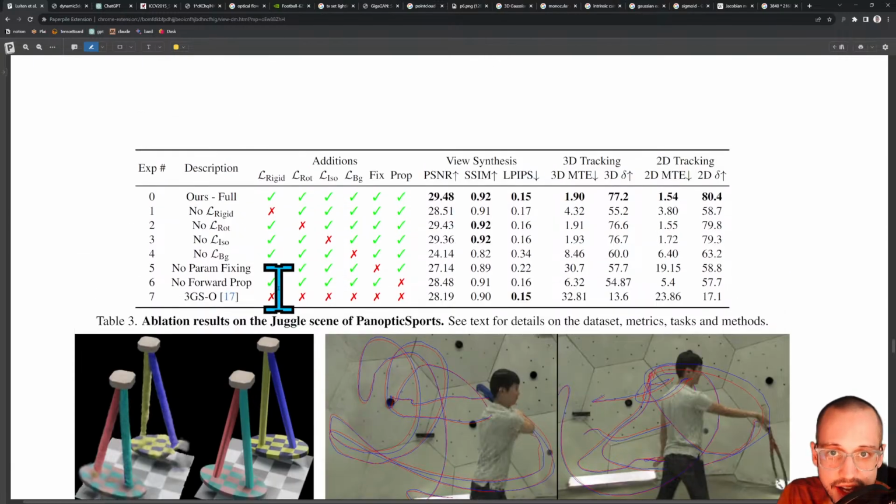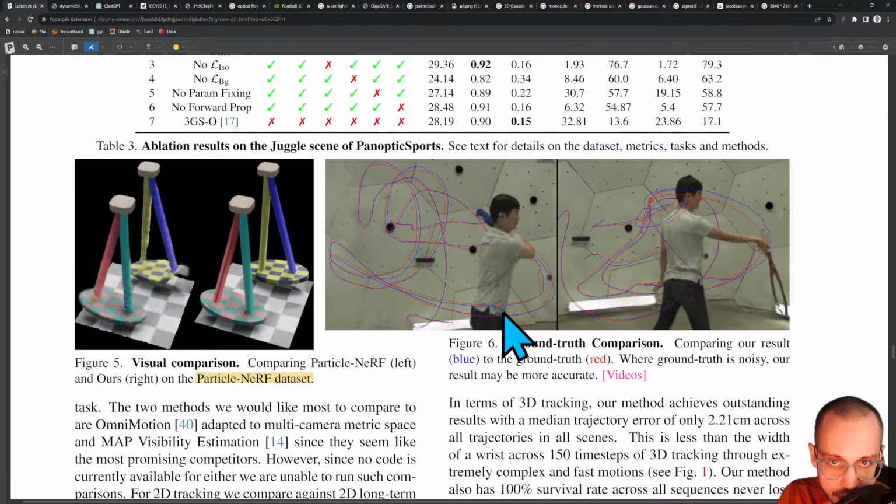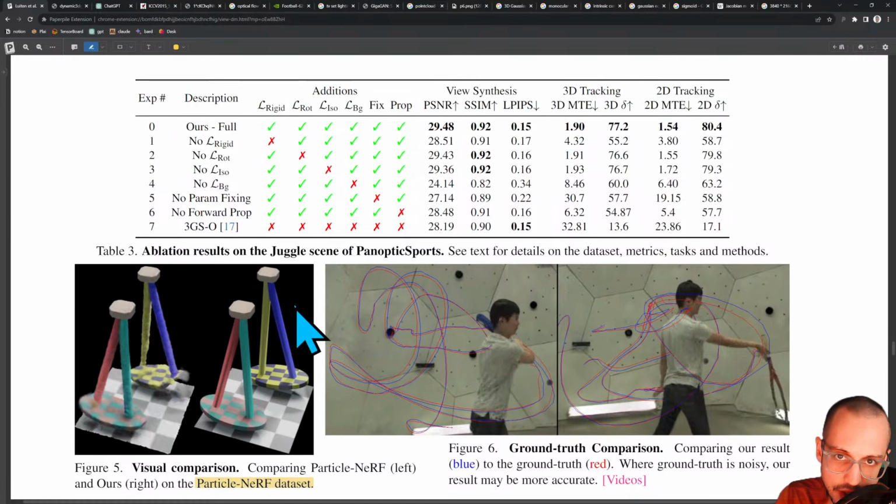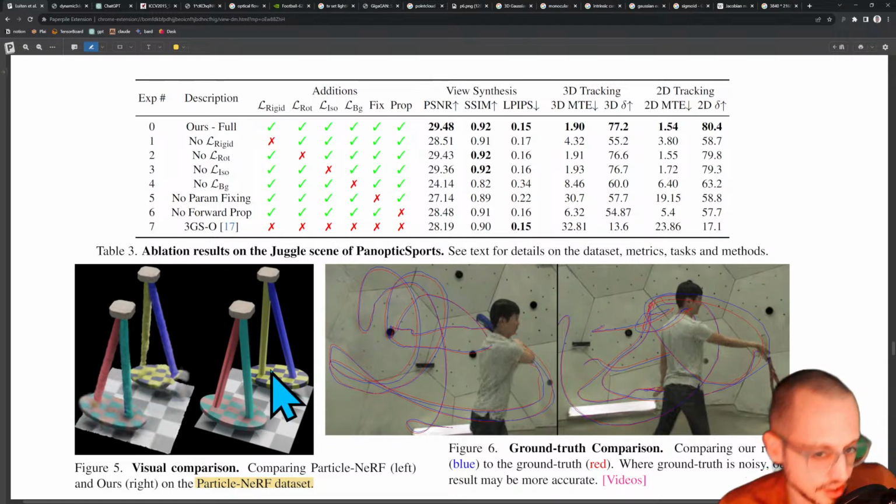But one of the things that they don't show here, which they did show in the original paper that we read, is that the amount of memory it takes to store an explicit 3D Gaussian representation is way more than the amount of memory it takes to store a nerve. It's a lot less memory to store a little neural net's weights, which are implicitly representing the scene, compared to what you're doing here with these 3D Gaussians, where you're explicitly storing the scene.